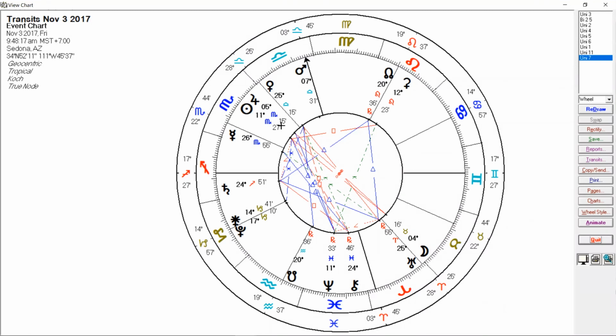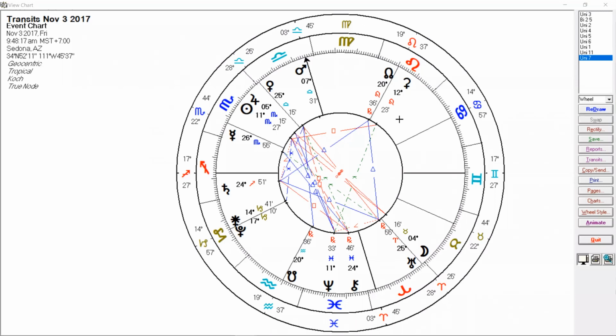But beyond the technicalities, what is that? Before we get into the specific aspects of the conjunction, or any other aspect, let's just understand that aspects are simply a communication, a connection between planets.